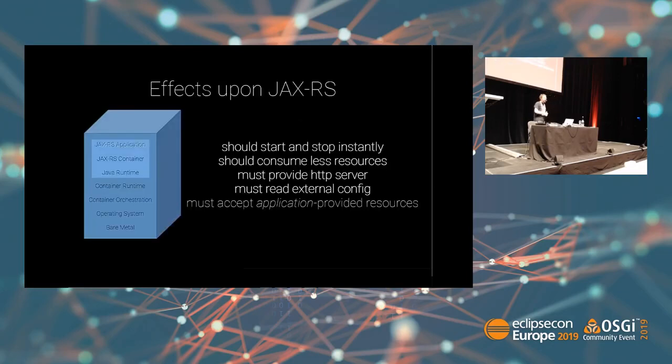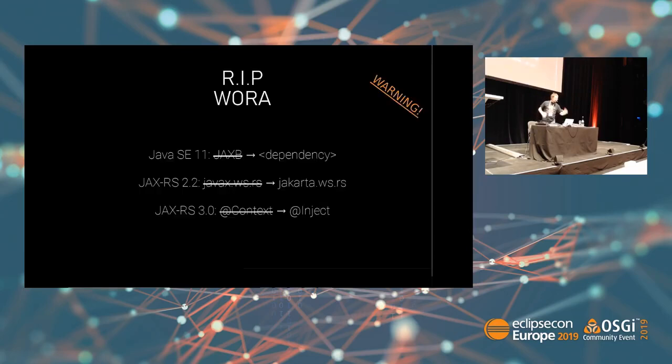The effects we have with cloud computing on JAX-RS is it must be faster, it must be less resource consuming, and it shall not provide that boilerplate of the application server. It should be lightweight. So for that, we do several changes. For example, we get rid of modules not used by 80% of today's programmers, like getting rid of JAX-B, which is a dependency.